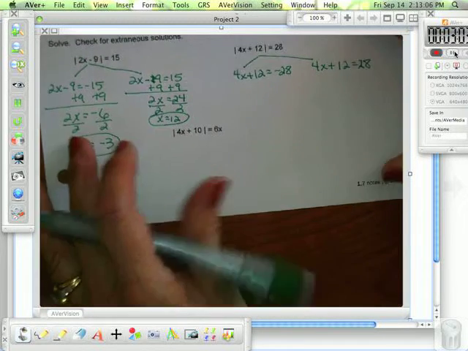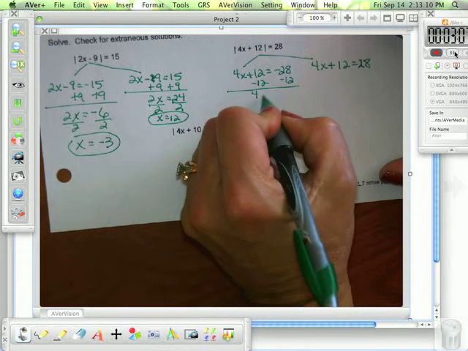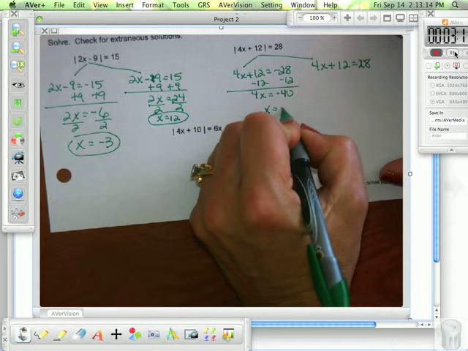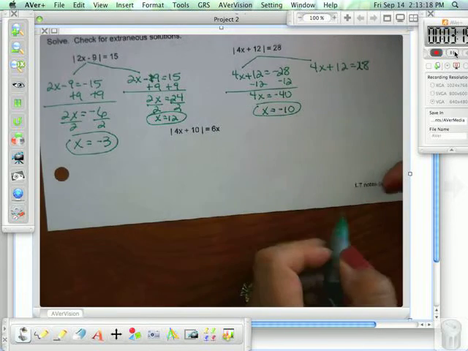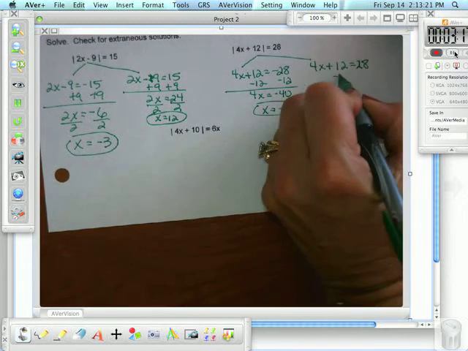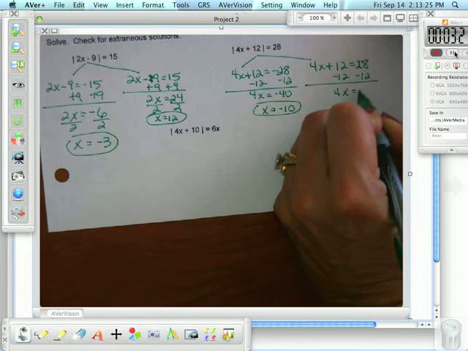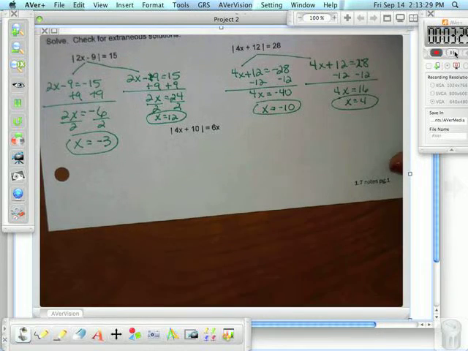So you subtract 12. 4x equals negative 40. X equals negative 10. Subtract 12, subtract 12. 4x equals 16, and x equals 4. And then you check for extraneous solutions.